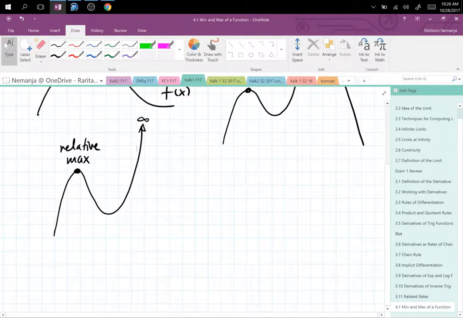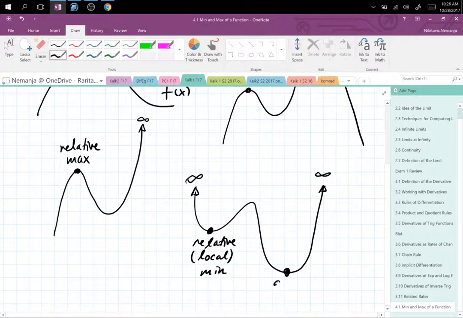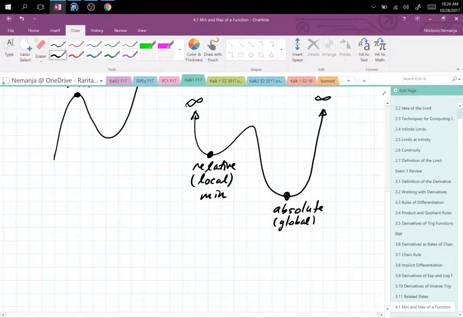So if I draw, let's see, over here, this goes to infinities, right, up. So this one over here is relative, also known as local min, and this is absolute, also known as global min.